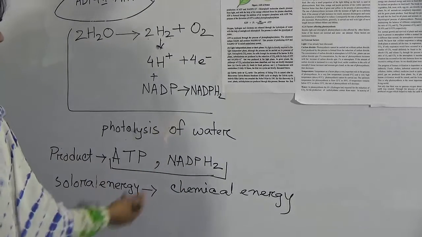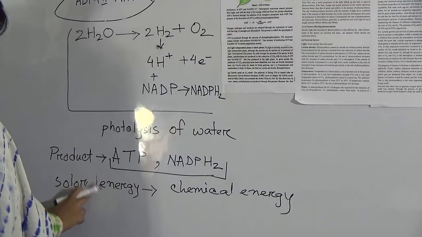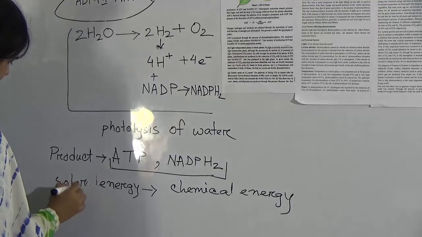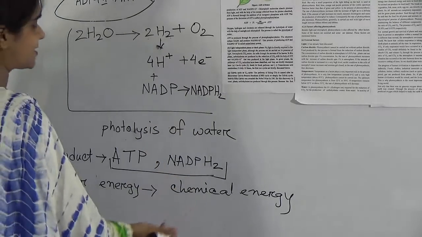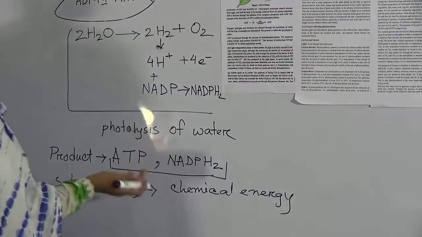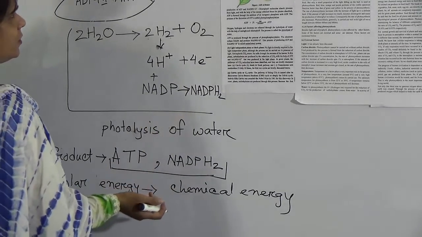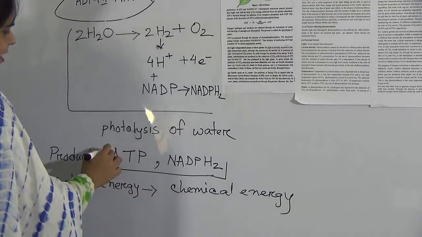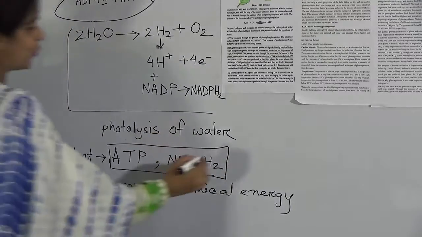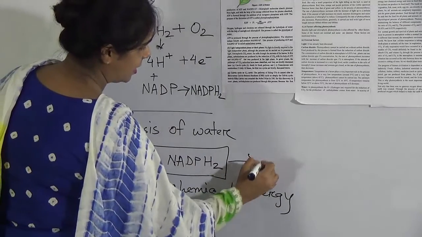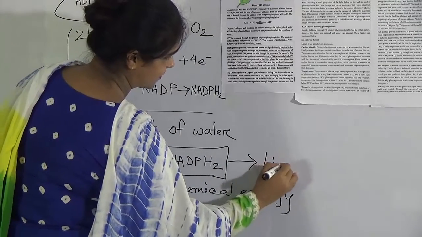Solar energy converts to chemical energy, and this is the main part of the photosynthesis procedure. This product, the chemical energy, we will use in the light independent phase.